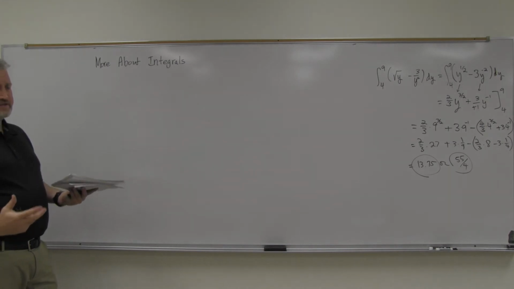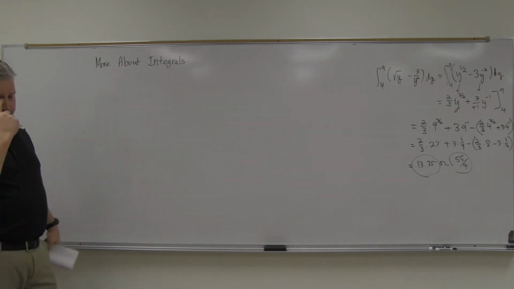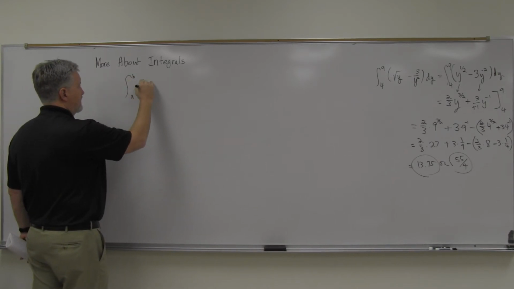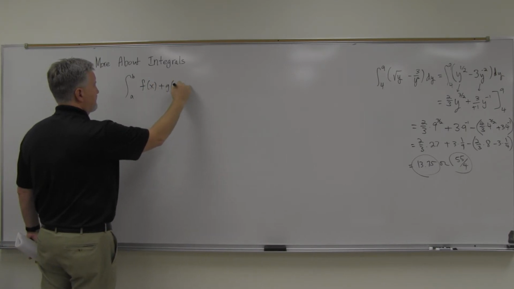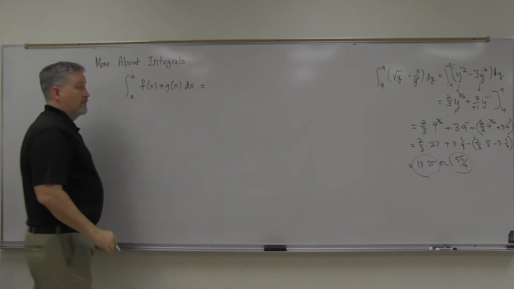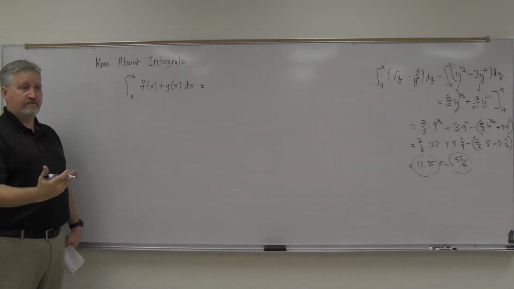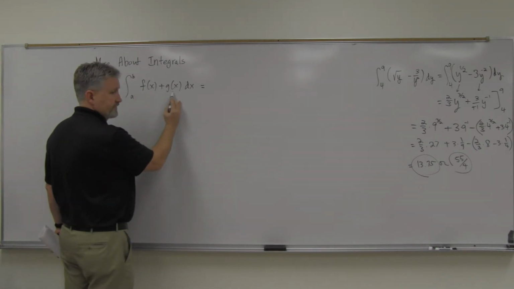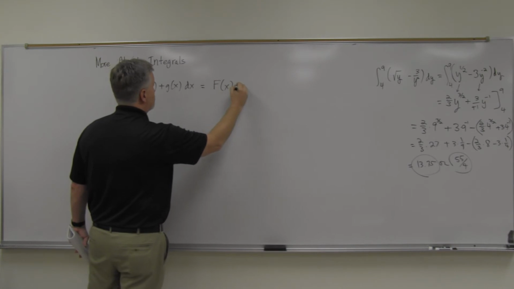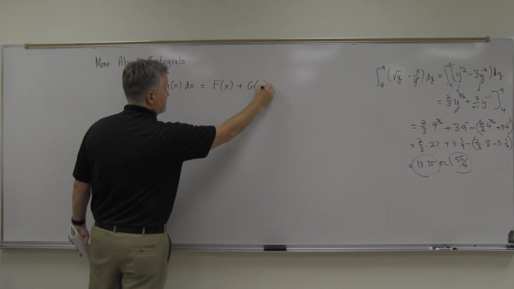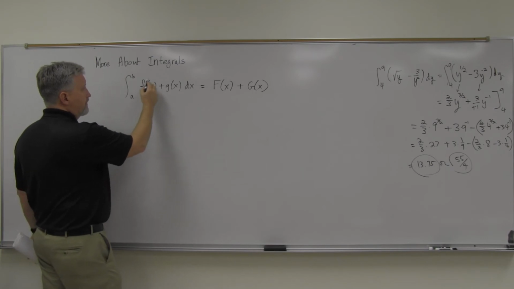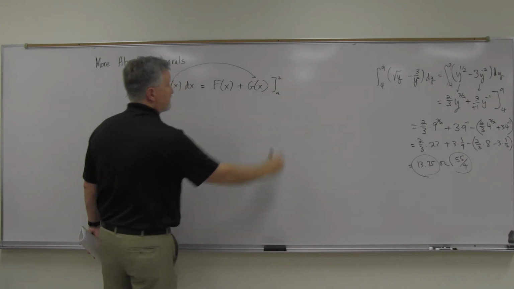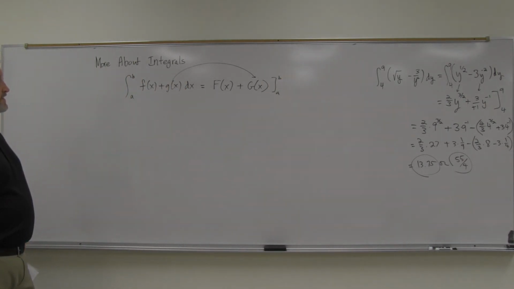Now again, just to emphasize here that the integral from a to b of f of x plus g of x dx, we can do the antiderivative for that, however we want to write it, big F, little g, or big G. So we can do the antiderivative of that plus the antiderivative of that, and then evaluate from a to b, using our other notation here.